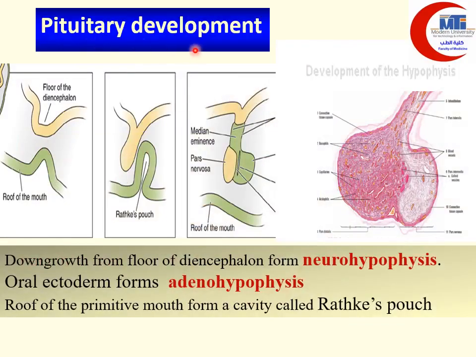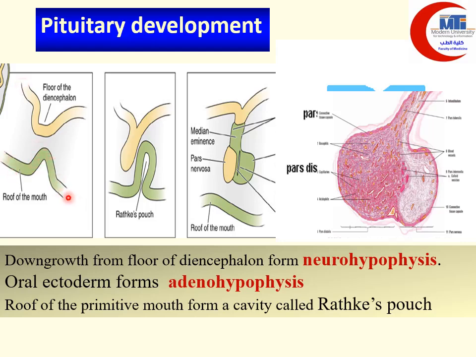Pituitary gland development. Pituitary gland is formed of an anterior dark cellular part called adenohypophysis and a posterior pale part called neurohypophysis. This is the development of the anterior part or adenohypophysis, and this is the development of the posterior part or neurohypophysis.